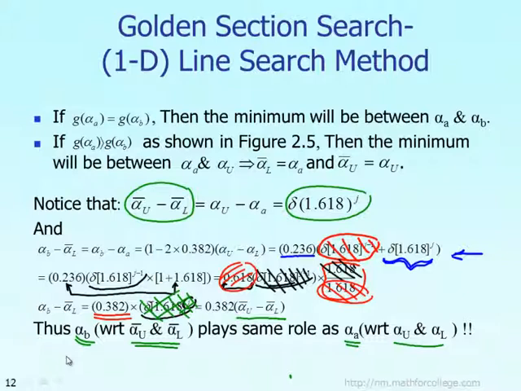So that again tells you that whenever you get the new lower bound and upper bound, you have at least one interior point, either alpha A or alpha B. In this case, you get this interior point alpha B, which plays the same role like alpha A in the previous iteration with a different lower bound and upper bound.